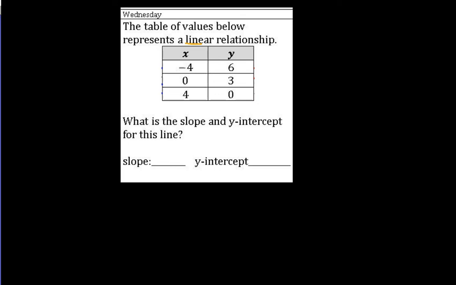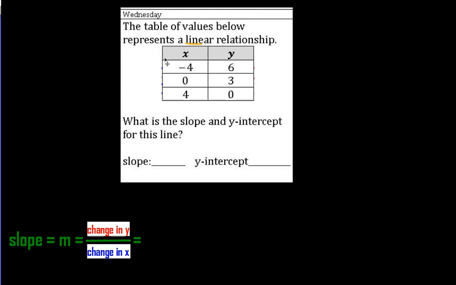So what is the slope and y-intercept for this line? As always, your slope is going to be equal to m in our slope-intercept form, and so that's going to be the change in y over the change in x. So let's figure out what our change in x is. What is happening between these points?